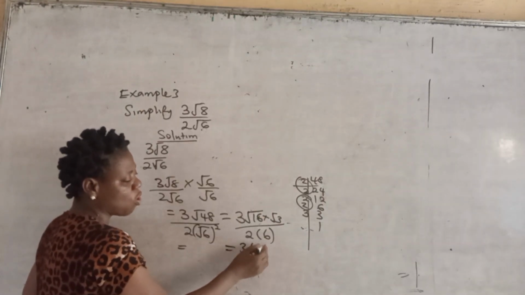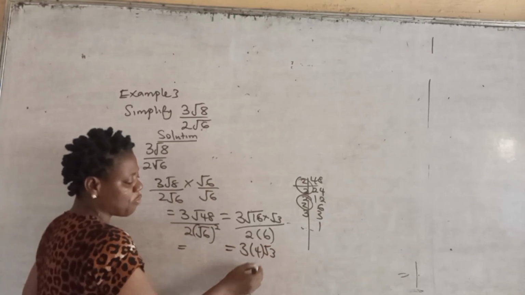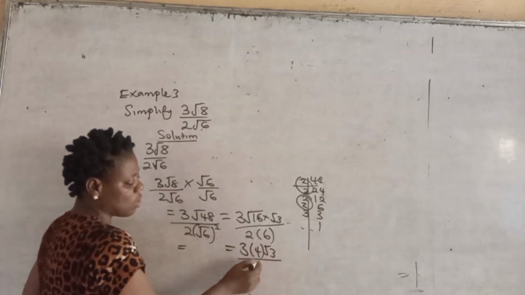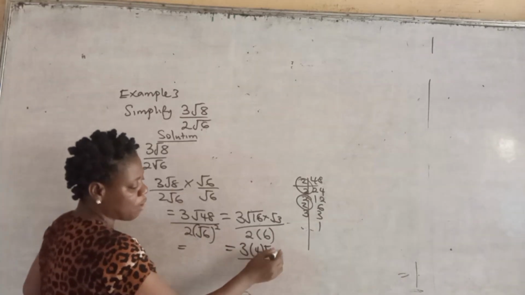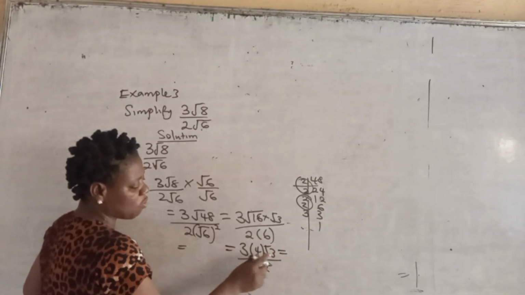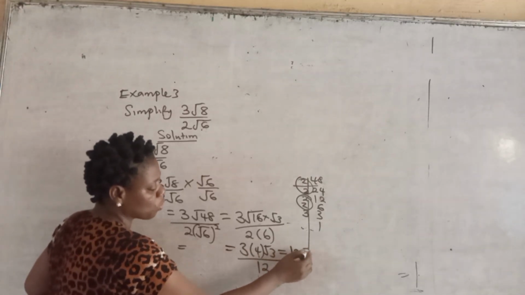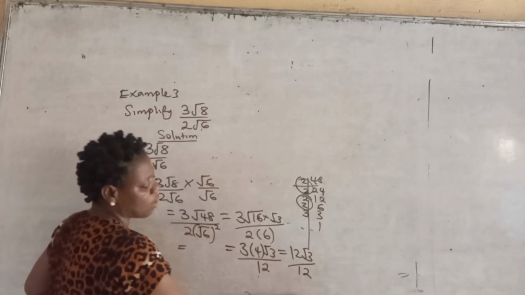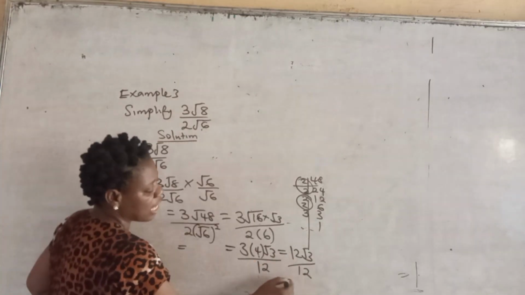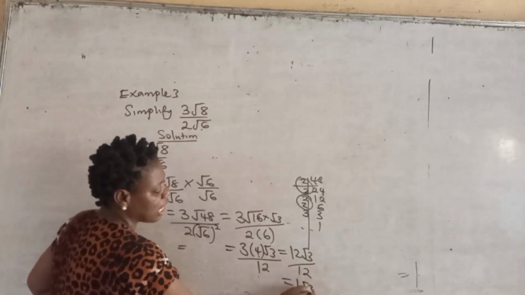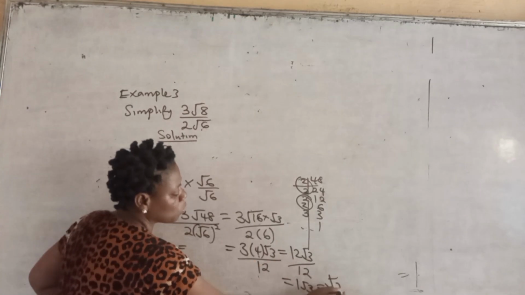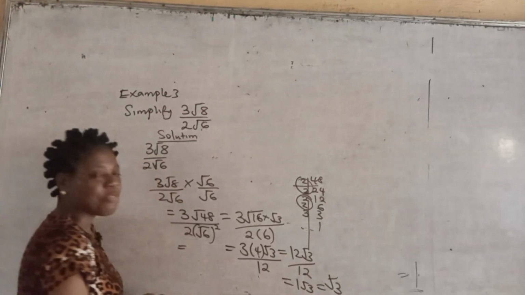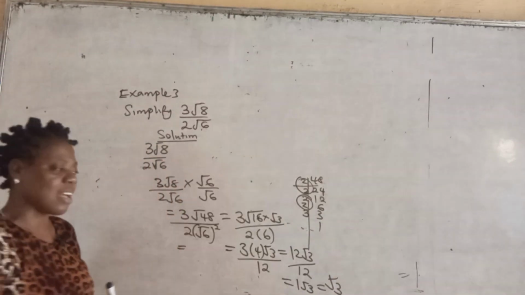That gives us 4 root 3. Are you following me? And 2 times 6 will give us 12. And from there, 3 times 4 gives us what? 12 root 3 over 12. 12 cancels 12, that gives us 1 root 3. And finally we say root 3. And that is our final answer.